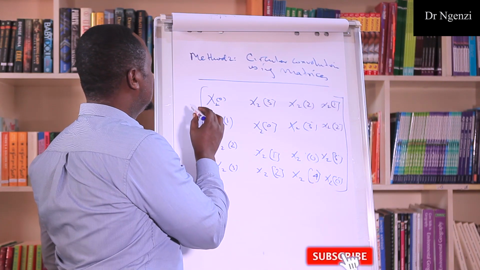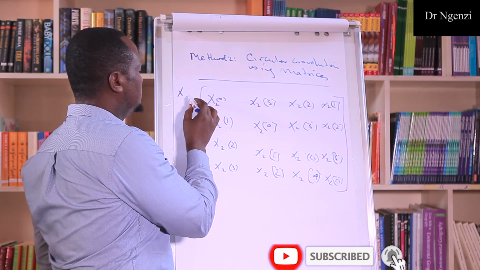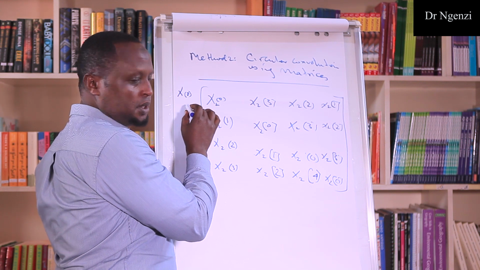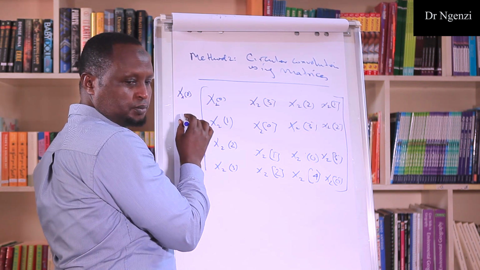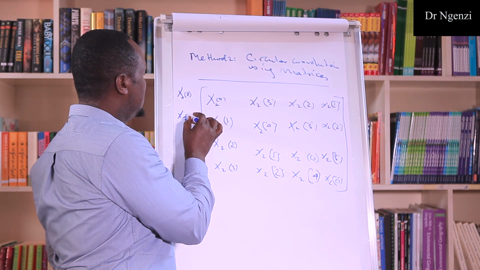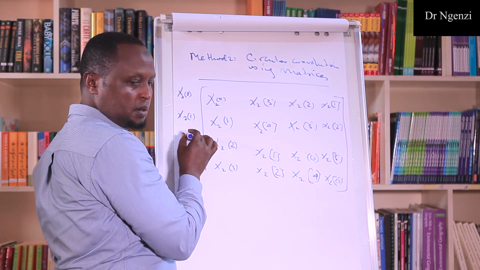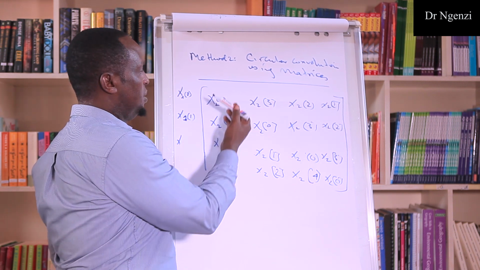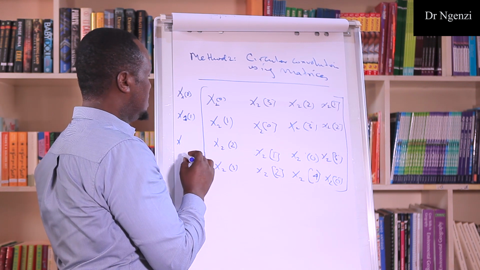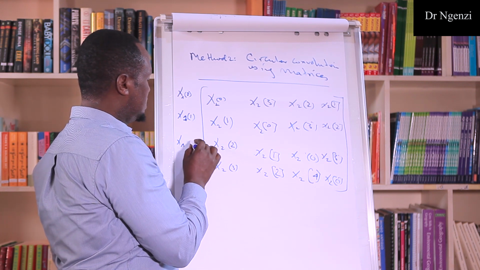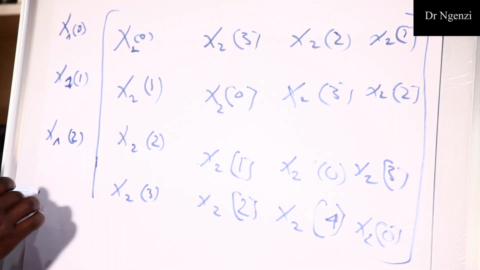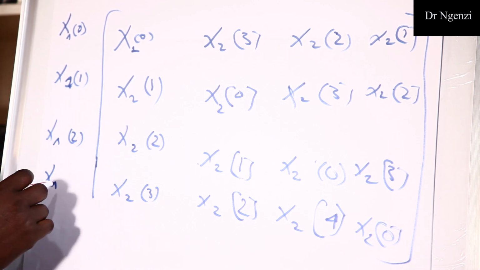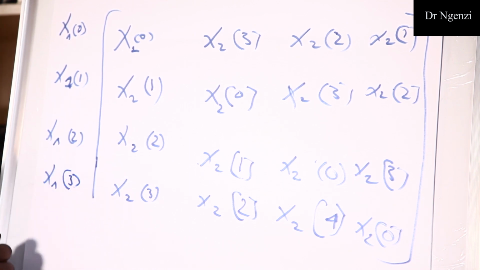So it's going to be multiplied by X of 1 at 0, X of 1 at 1. These are the X1, these are the inputs. Remember, there are two signals at any point. We have X of 2 and X of 1 in this case.